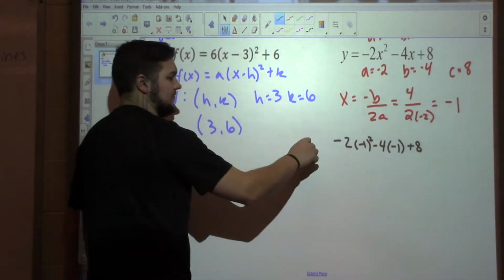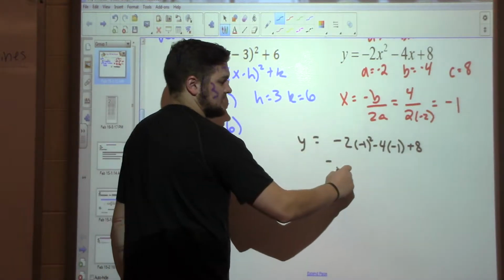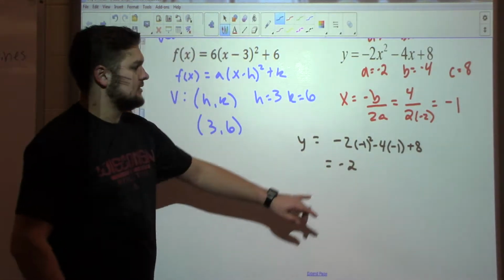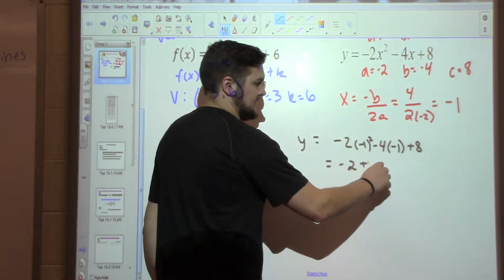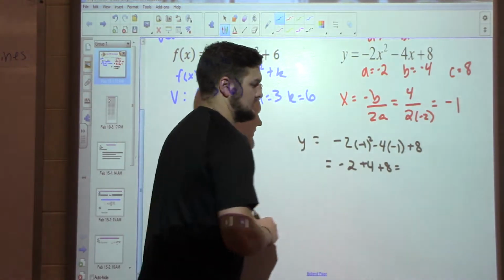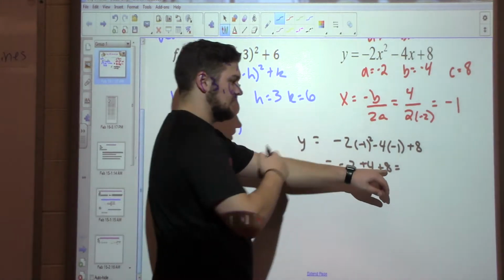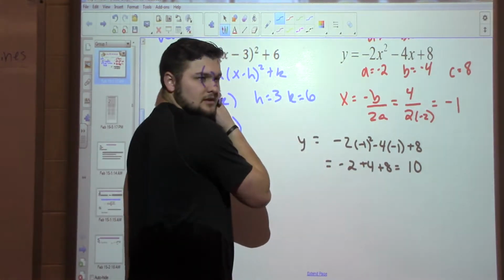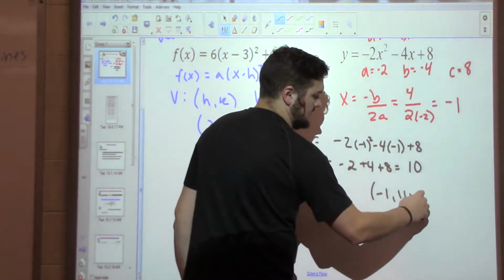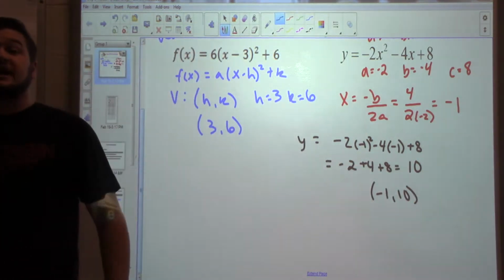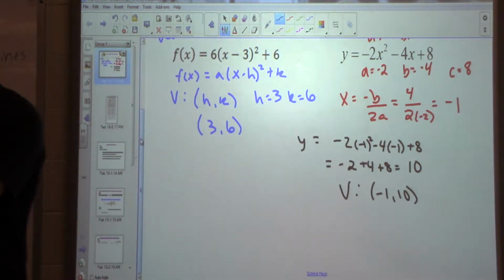That'll give me my y value. -1 squared is +1 times -2 is -2. -4 times -1 is +4 plus 8. -2 plus 4 gives me +2 plus 8 gives me 10. My x value is -1, my y value is 10. So I found a vertex for both problems now.